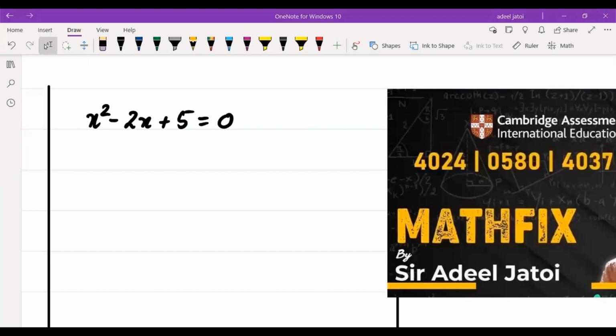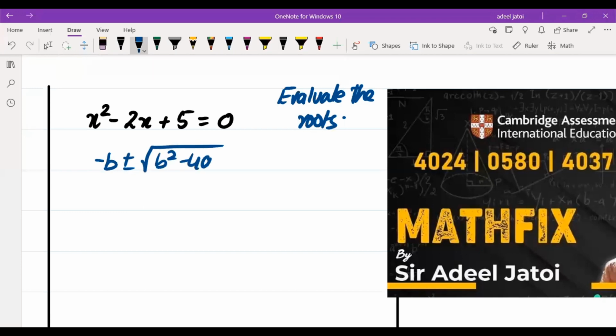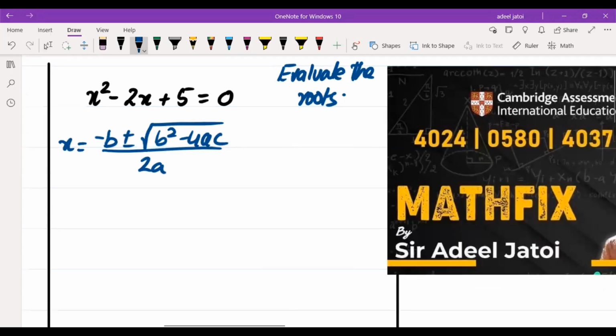There is another example in front of you, and the question says evaluate the roots. When we know that we have a quadratic equation, we solve minus b plus minus under root b square minus 4ac upon 2a. This will give me the value for x.